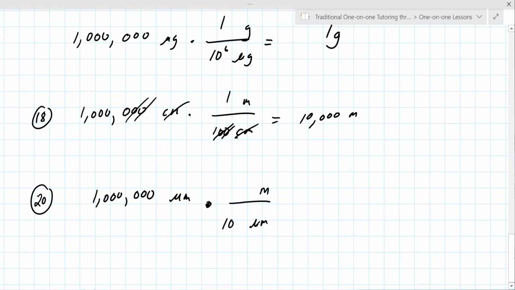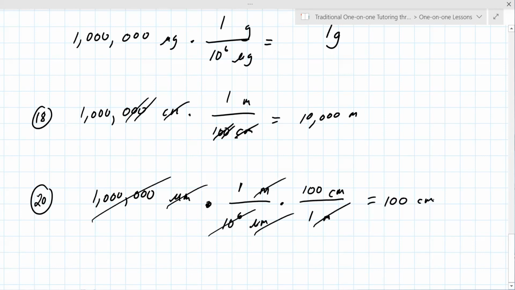So there are 10 to the 6 micrometers in 1 meter, and then we go meters to centimeters. That way you don't miss a power of 10. You always go to the base one if you can. So there are 100 centimeters in 1 meter. These cancel, meters cancel, and you're left with just 100 centimeters.